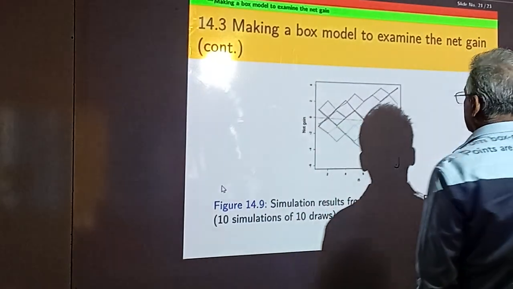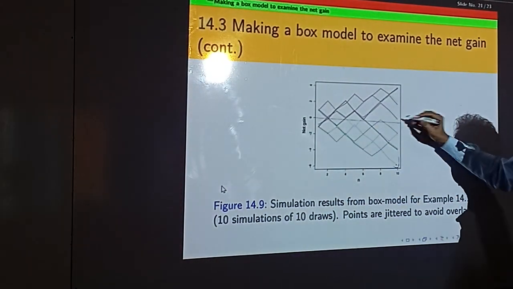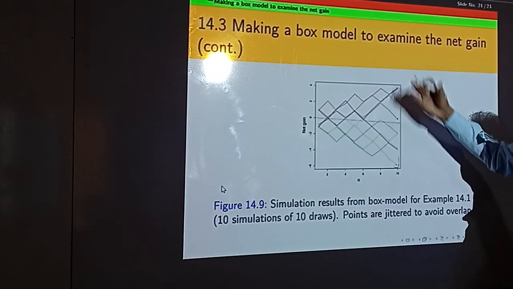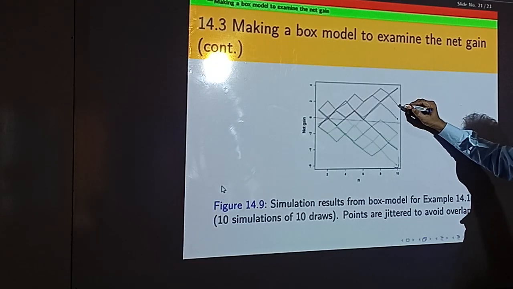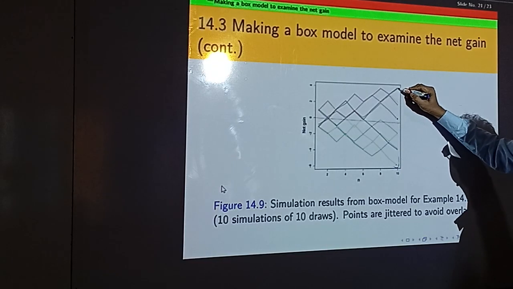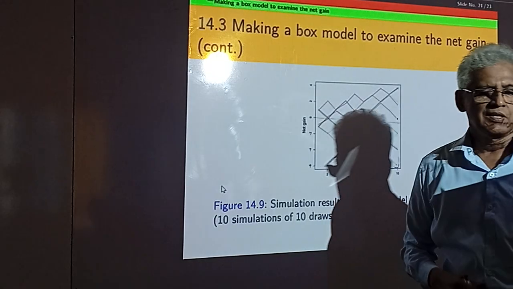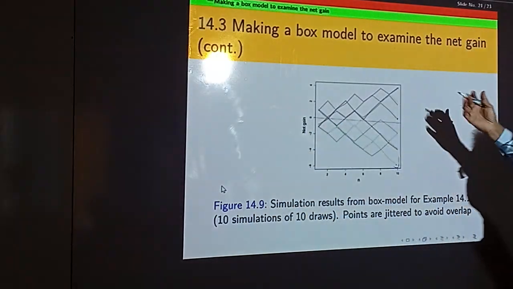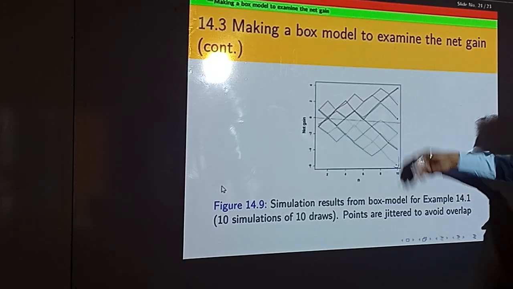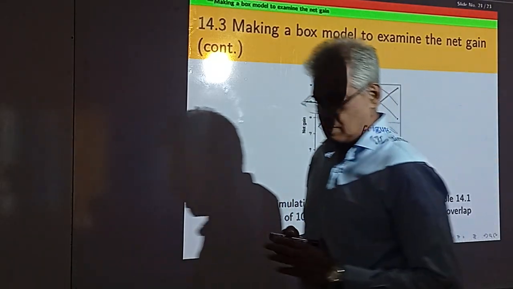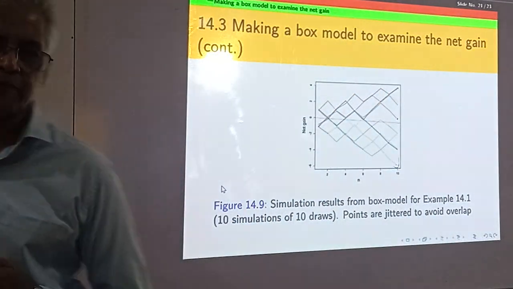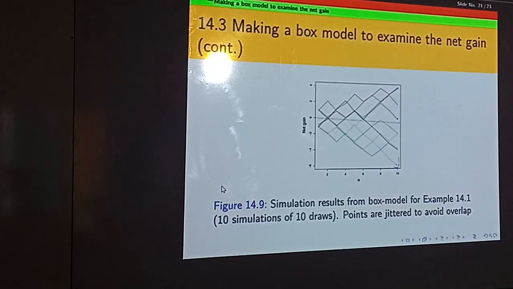If you look at these 10 times, you can see that this is one time that there was a positive gain, this is another time, this is another time. I think there are 2 times here, so roughly 5 times, and the remaining 5 in this case are losses. But of course, that is just one possibility.